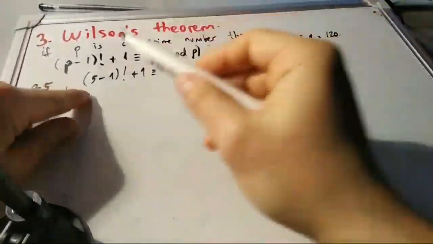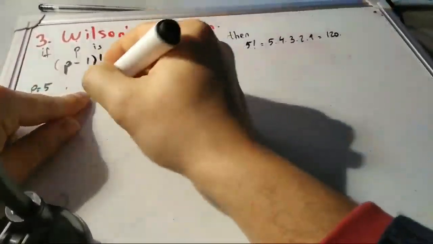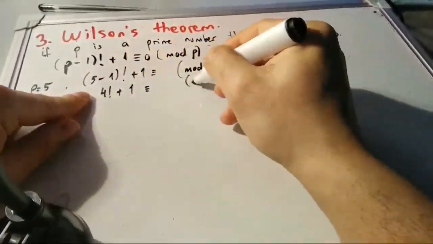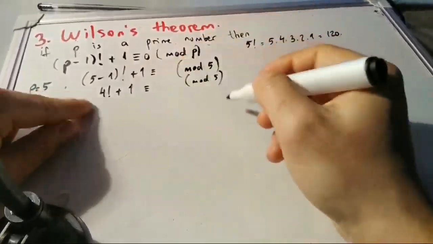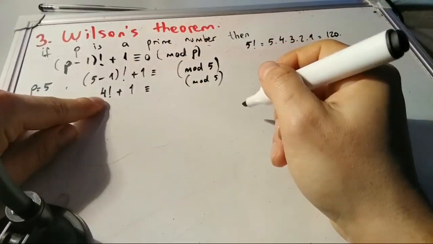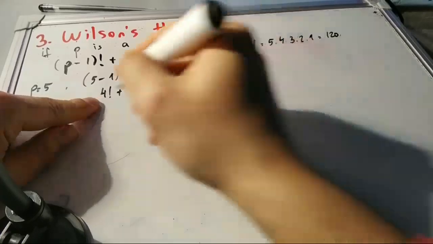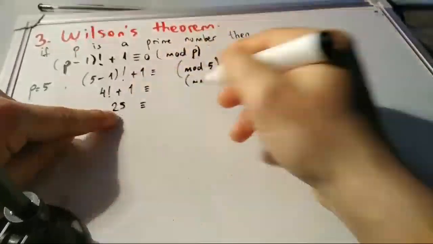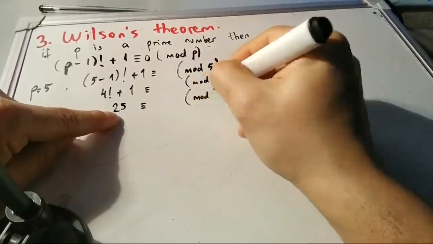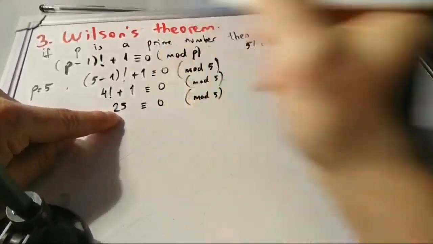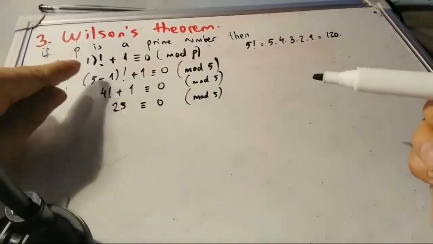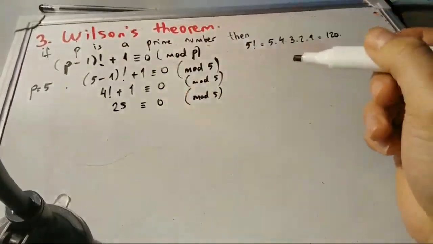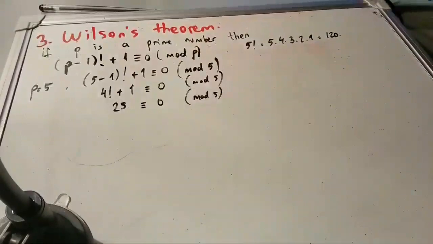What is it? 5 minus 1 is 4. 4 factorial plus 1 is congruent in mod 5. 4 factorial is 24. 24 plus 1 is 25. When we divide 25 by 5, what is the remainder? 0, yeah. So if p is a prime, then (p minus 1) factorial plus 1 is congruent to 0 in mod p.